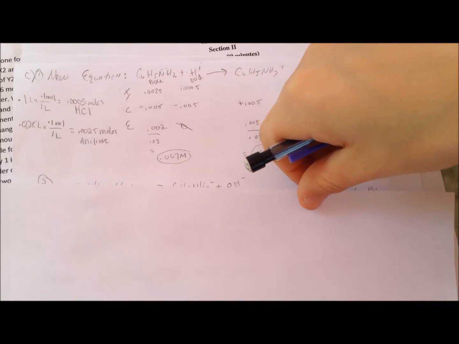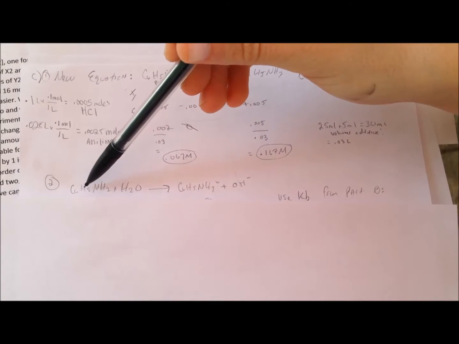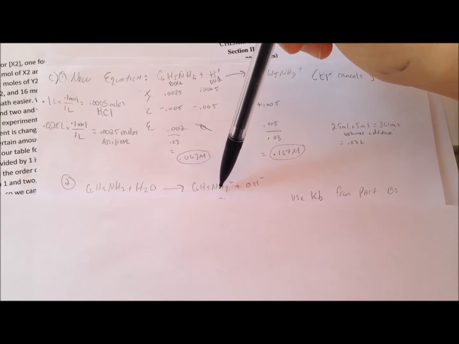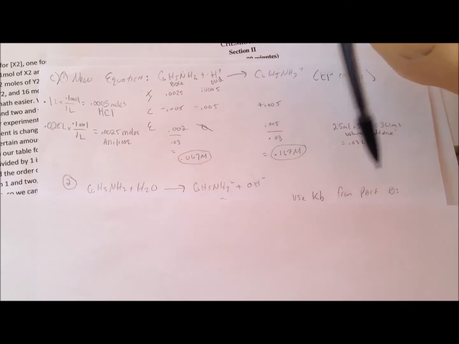Our last step is to change everything into molarity, and because volumes are additive, we divide by 0.03 to get 0.067 of our aniline base still left and 0.167 molarity of our product. Now it's time to set up our buffer system. So our new equation is C6H5NH2 plus H2O yields C6H5NH3+ plus hydroxide.